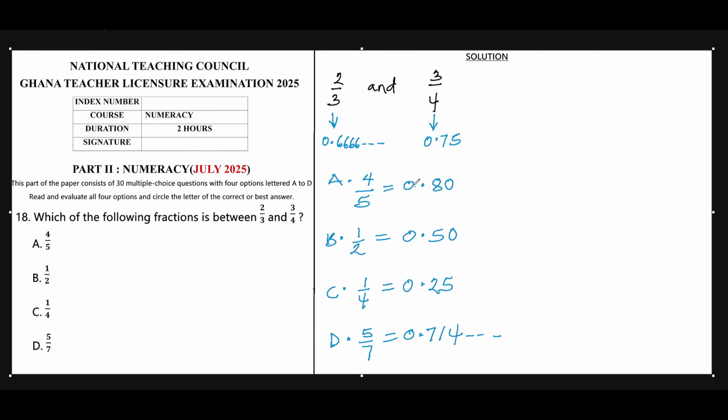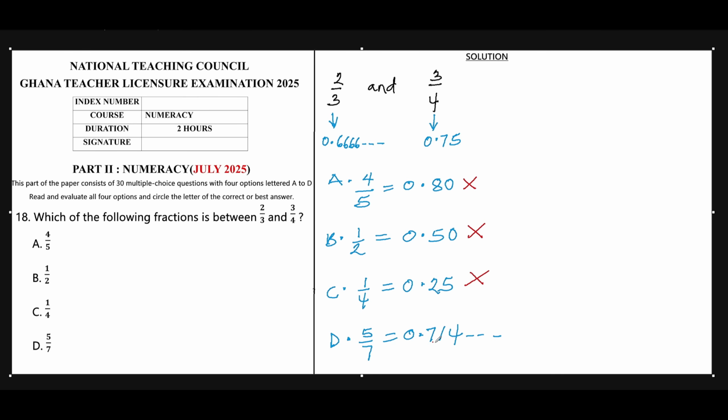So we are looking for a fraction that is between 0.666 and 0.75. The first one, 0.80, is outside the given range, so this cannot be the answer. 0.50 will be behind 0.66, so this is also not part. 0.25 is even much lesser, outside.